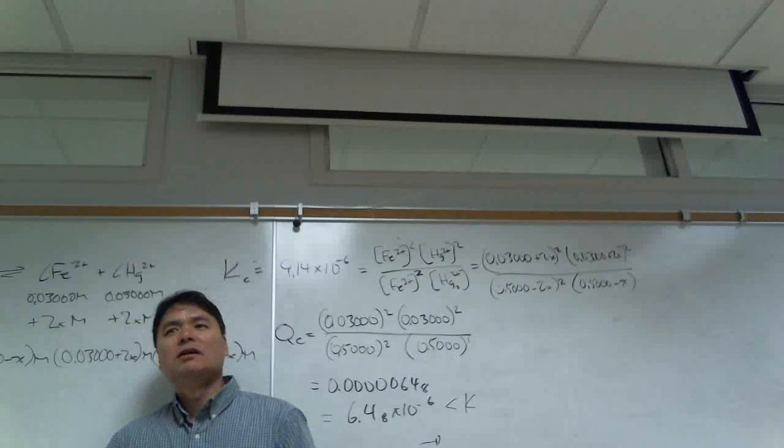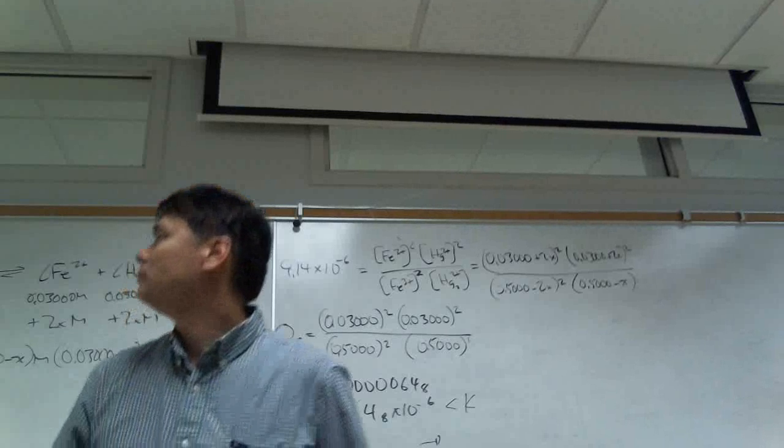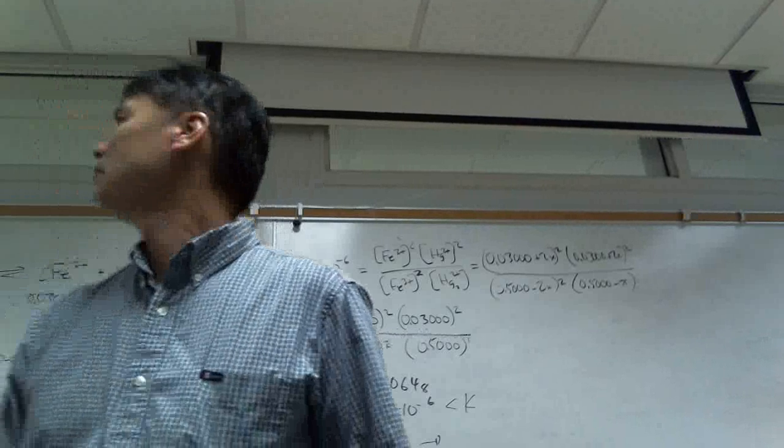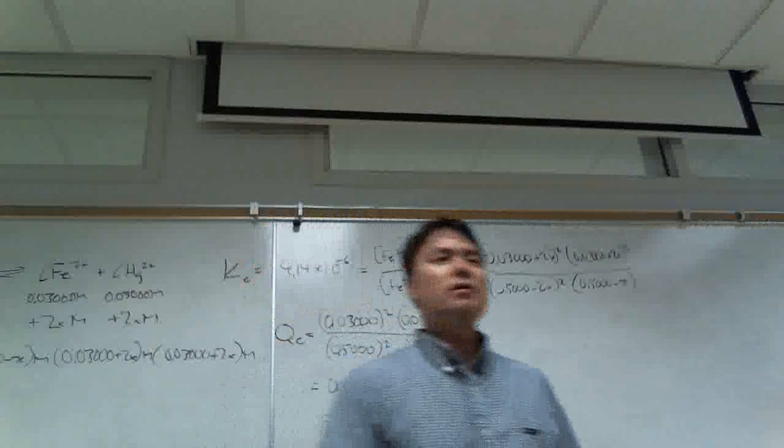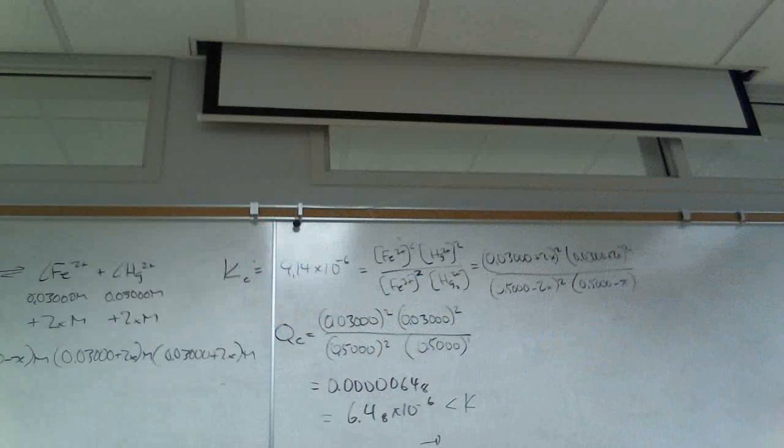Or could there potentially be another way to solve this? Is there another way to solve this? Now, I don't want to do the guess and check method because it takes time. And so, what else could I try?